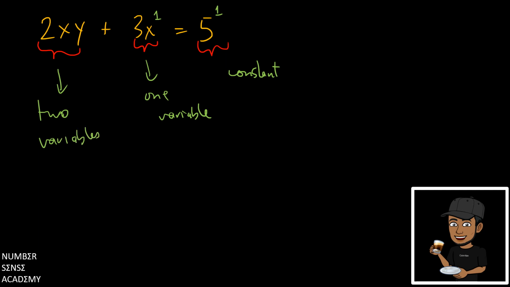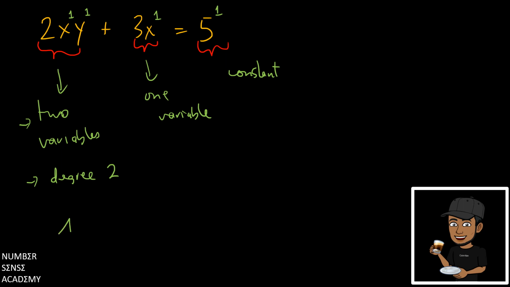This does not check. Even though each variable has a power of 1, the overall degree of this term is 2, because the 1 plus 1 is part of this term. So we have 2 degrees. So this is of degree 2.